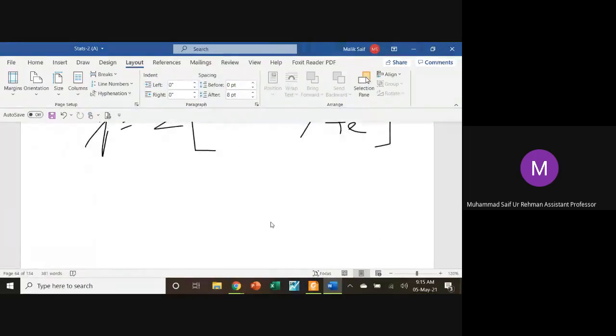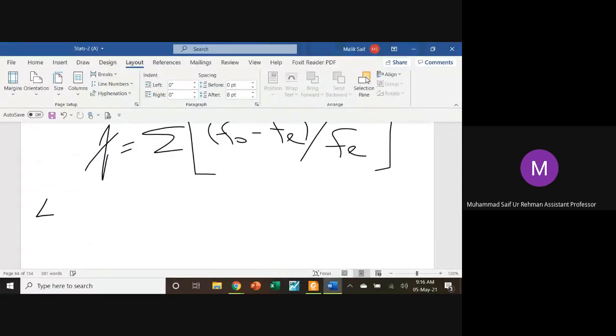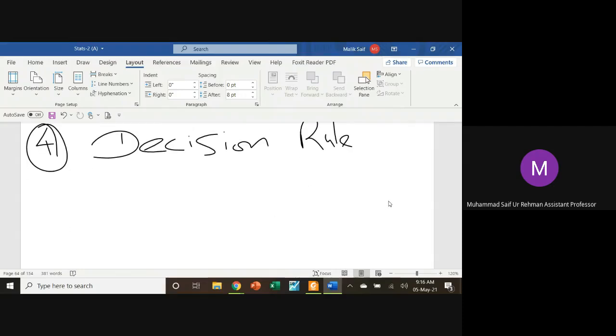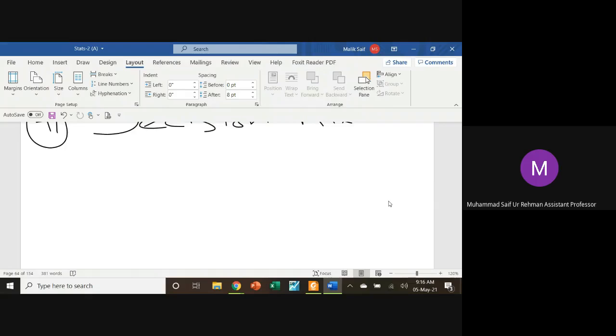Then come to step 4, the decision rule. For the decision rule, you have to draw the distribution, and remember this is the chi-square distribution. It will be like this.